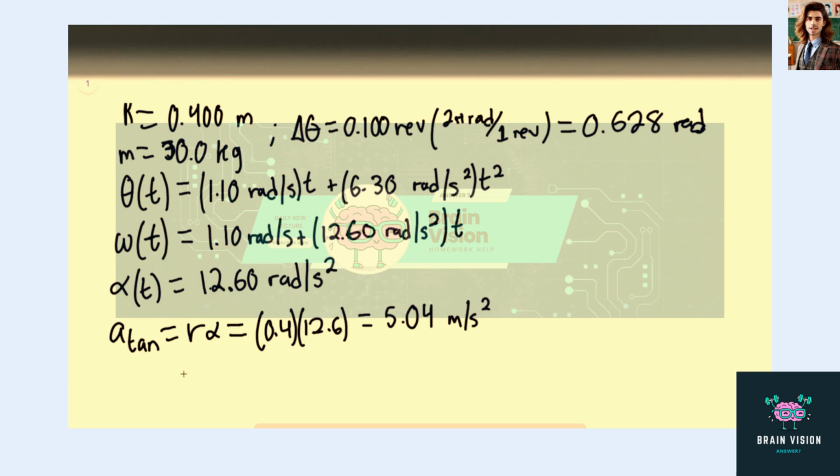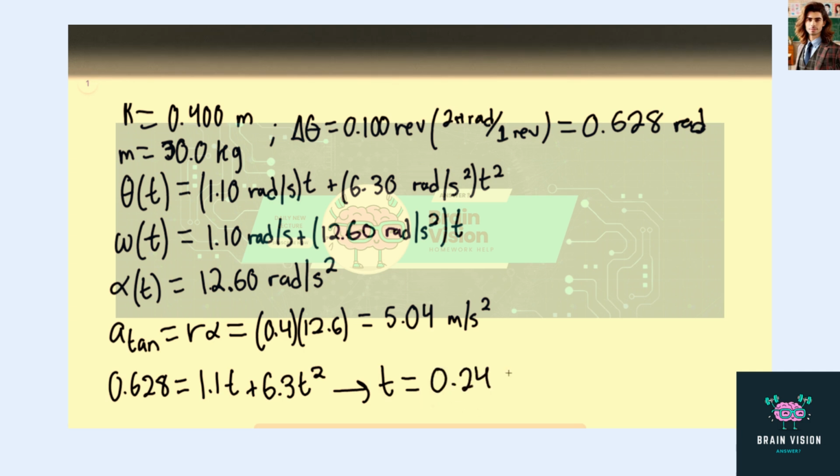We also need to find a time, so we can set this delta theta equal to the equation for theta, and we can have 0.628 equals 1.1 t plus 6.3 t squared, and we can use a TI-84, TI-85, TI-89, whichever one you would like, in order to solve for t, and t equals 0.24 seconds.